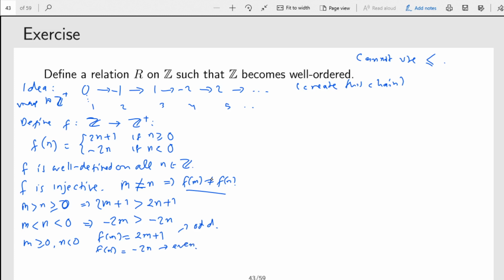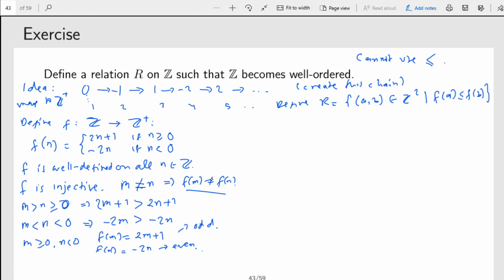So it won't be the same, right? So it is injective. Now let's use this to define a relation R. We define R such that (a, b) from the integers will be in the relation if f(a) is less than or equal to f(b).